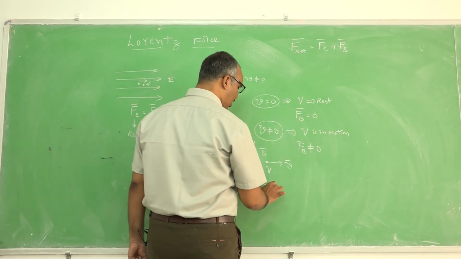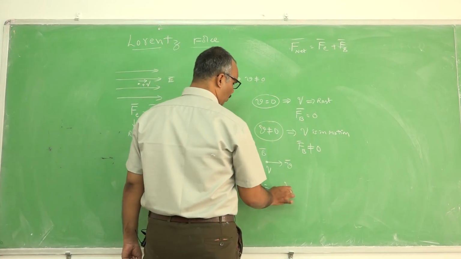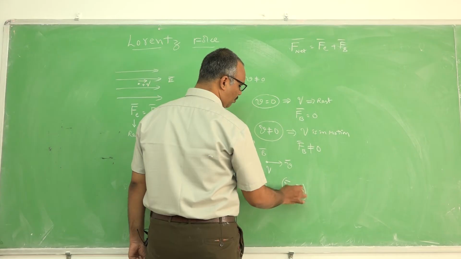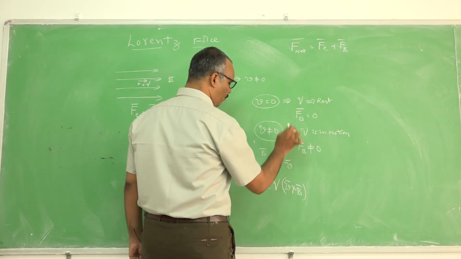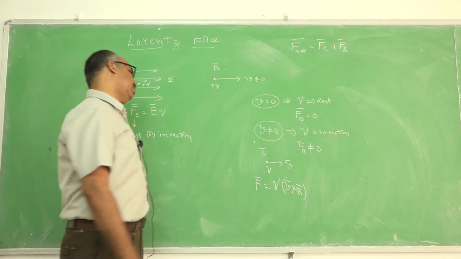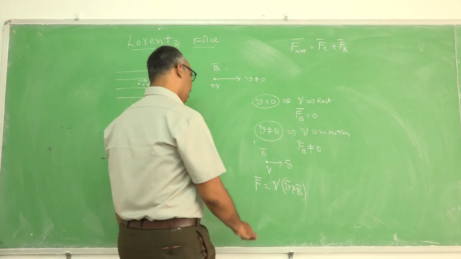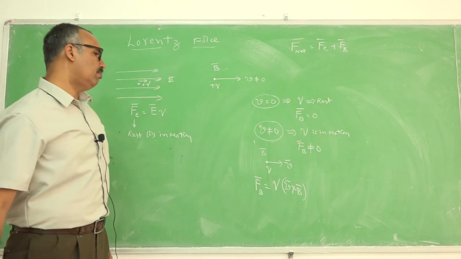Whenever you require a vector, you should take the vector product, that is V bar cross B bar. Q into V bar cross B bar will provide the force due to the magnetic field.